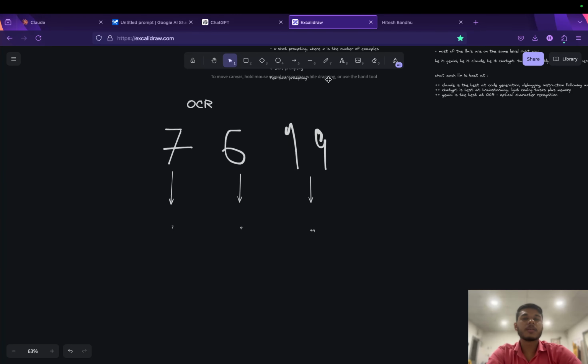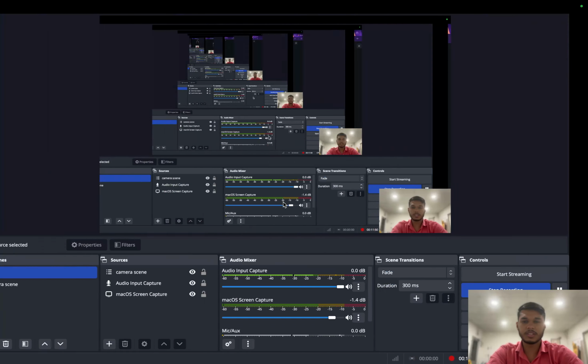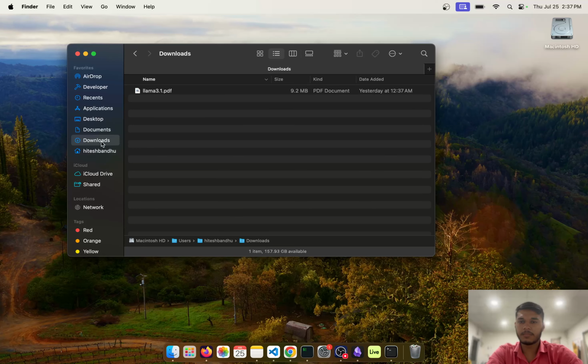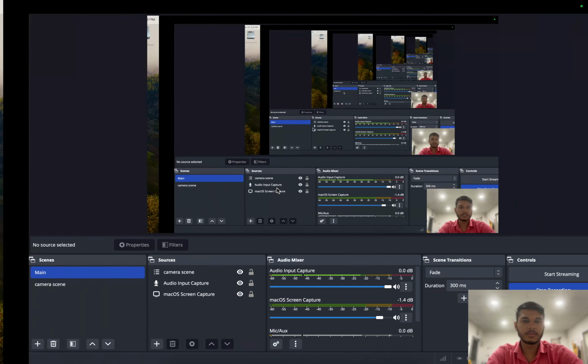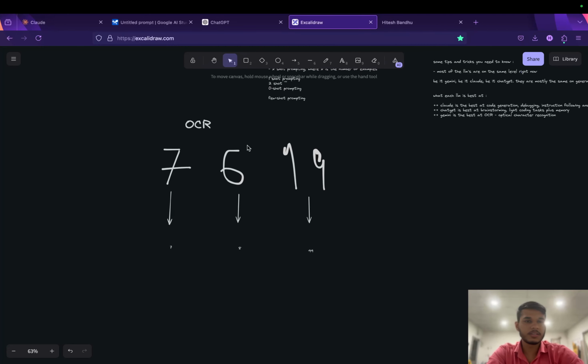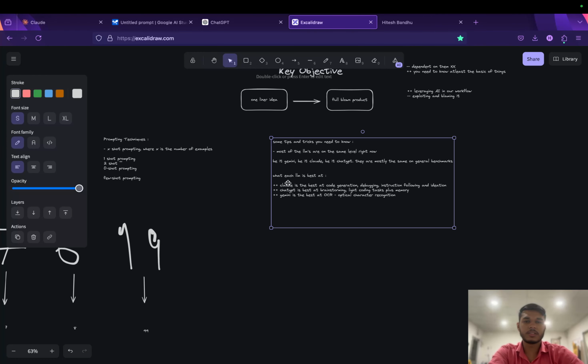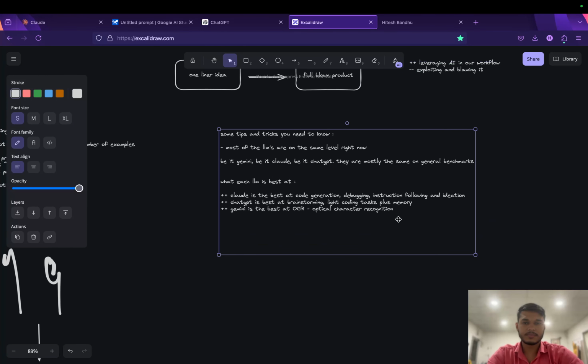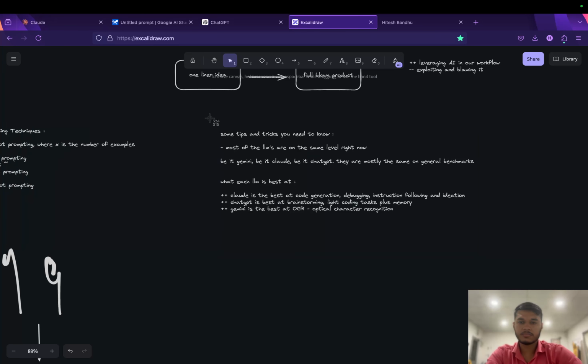But OCR is not limited to numbers. You can use it for any text. If you have ever used a Mac, let me show you something. If I have some picture with some text, let's take a screenshot of this and see.